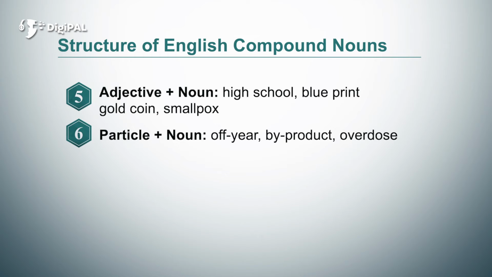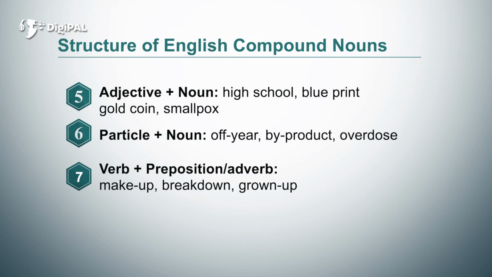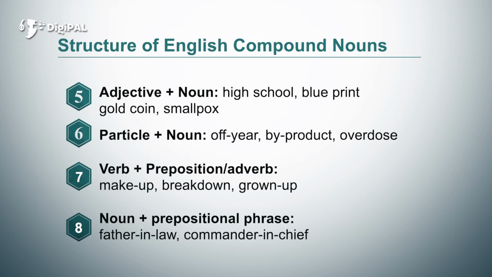Or a compound noun comes in the form of a combination of a particle plus a noun. For example, off year, or byproduct, or overdose, or a verb plus a preposition or an adverb. For instance, make up, or a breakdown, or grown up. A noun plus a prepositional phrase, for example, father-in-law, or commander-in-chief.